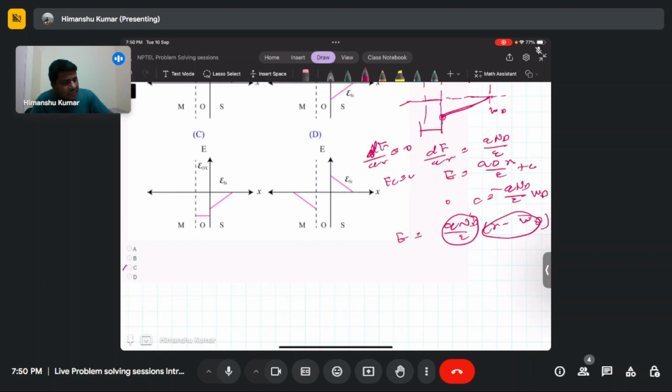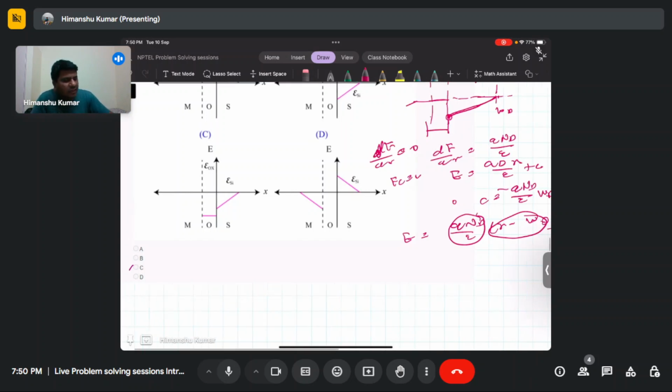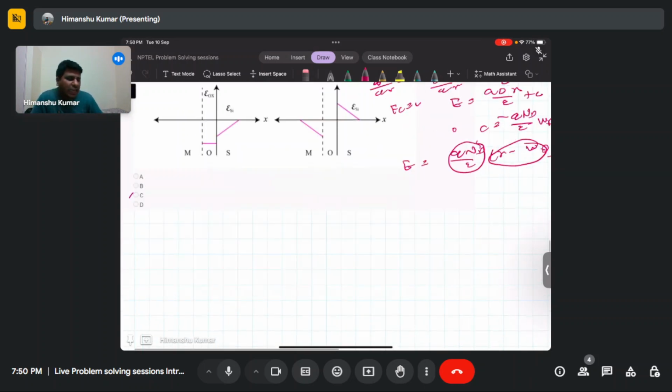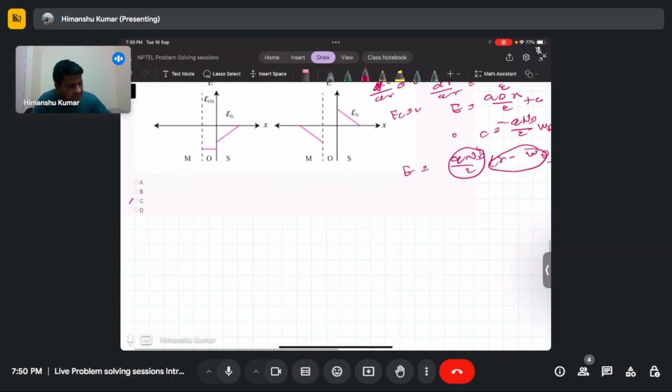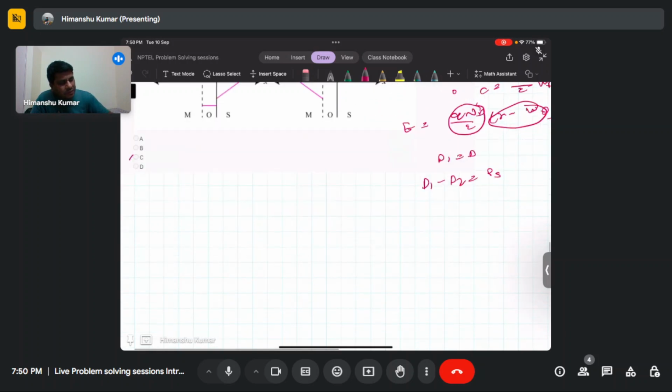That constant you get by applying the electromagnetic boundary condition, D1 minus D2 equals the surface charge density. So epsilon_ox E_ox equals epsilon_Si E_Si at the interface.